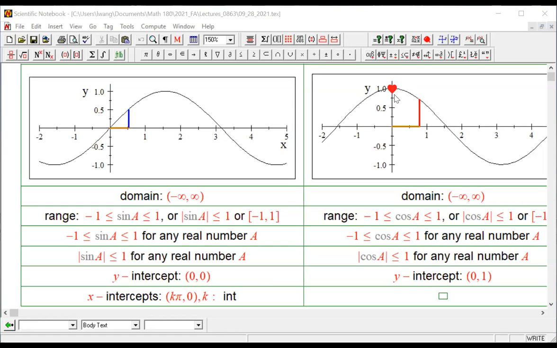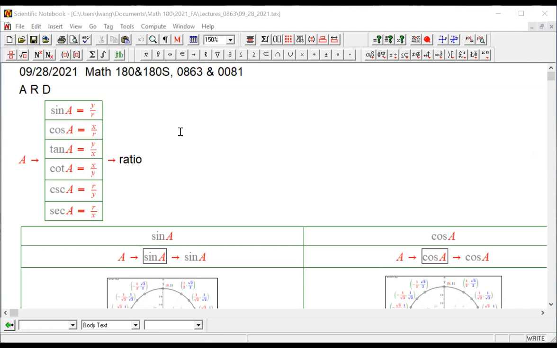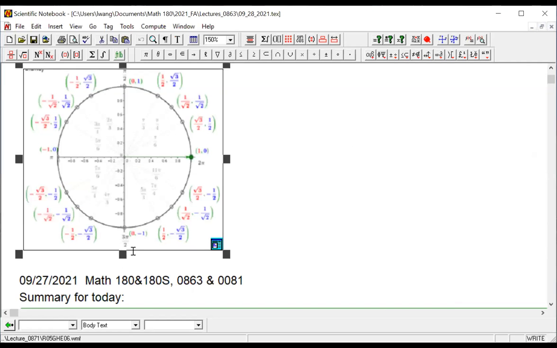Same domain, but different outputs. If you look at the unit circle, you are all familiar with it, right? Cosine is a real number.